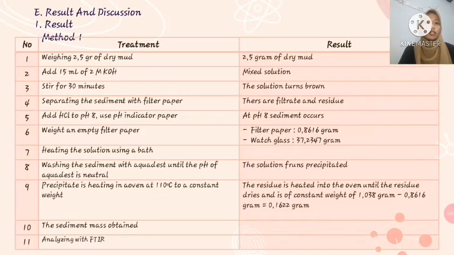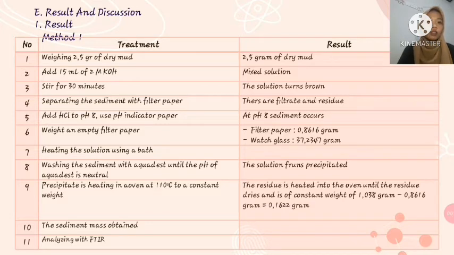Result and discussion. The first result, method 1, weighing 2.5 grams of dry mud. The result is 2.5 grams of dry mud, and then add 15 milliliters of 2 molar potassium hydroxide.